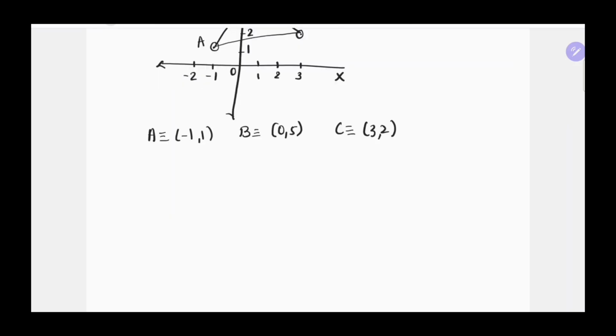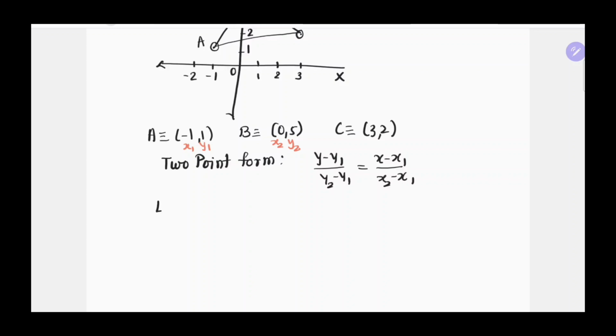To get the equations of lines AB, BC, AC, we need the two-point form. That is (y minus y1) upon (y2 minus y1) is equal to (x minus x1) upon (x2 minus x1). For AB, this is my x1 y1 and this is x2 y2.